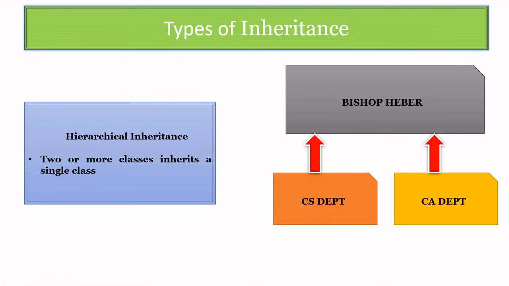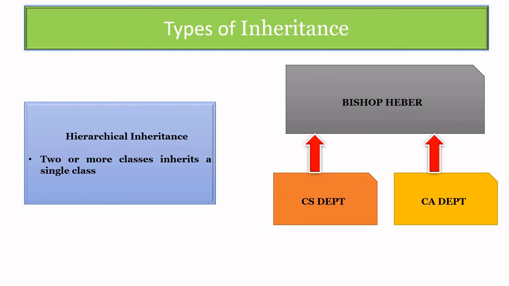The next type of inheritance is called hierarchical inheritance. Whenever two or more classes inherit the properties of one single class, this type of inheritance is called hierarchical inheritance. When you and your sibling are the children of your parent, both of you inherit the properties of your parent.